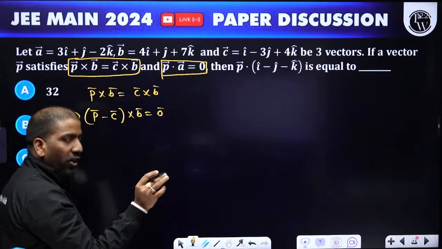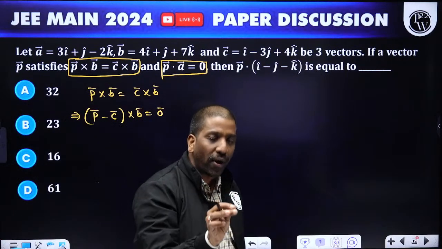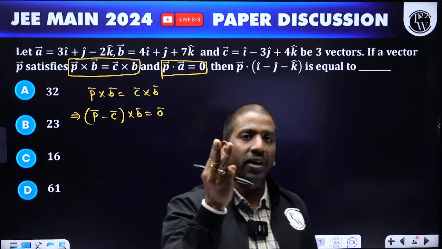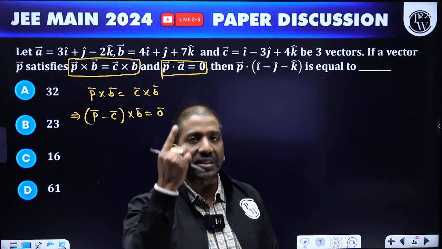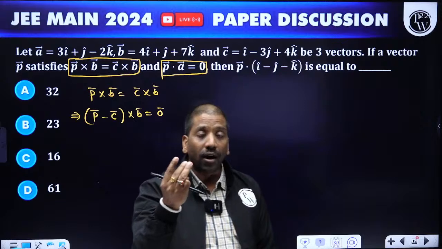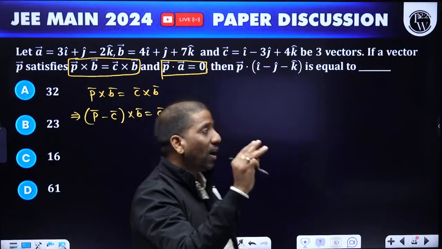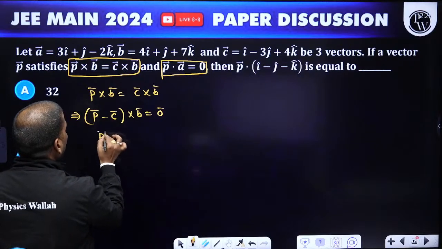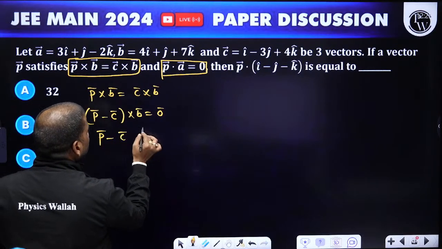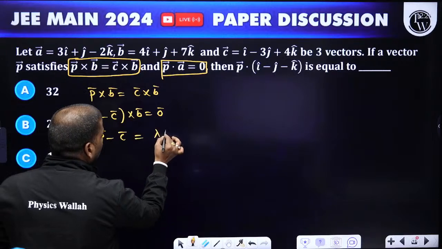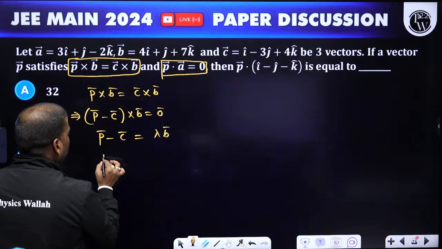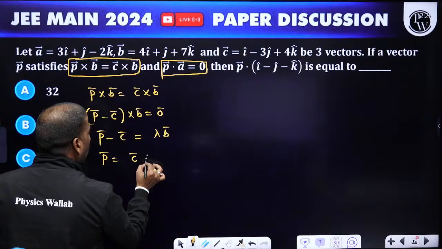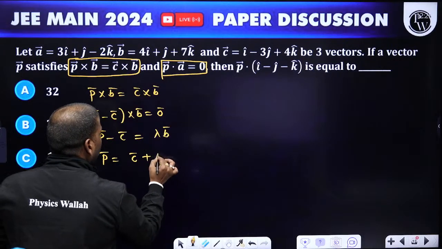So cross product of 2 vectors is the 0 vector. Then 3 possibilities: either the first vector is 0, or the second vector is 0, or one vector is parallel to the other. So these vectors are not 0 vectors. So P bar minus C bar is parallel to B bar, that means lambda times B bar.